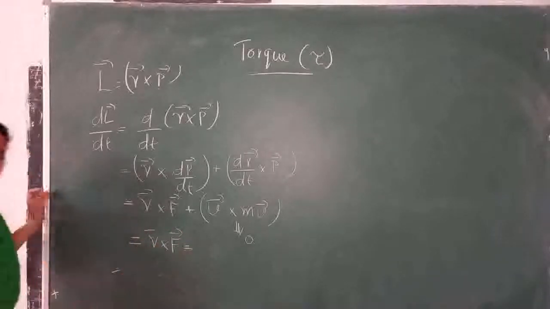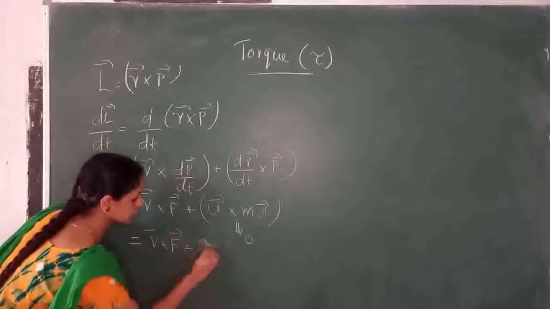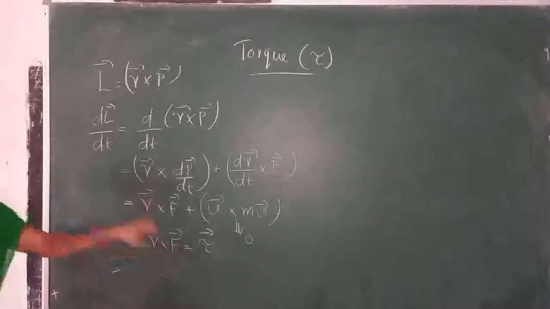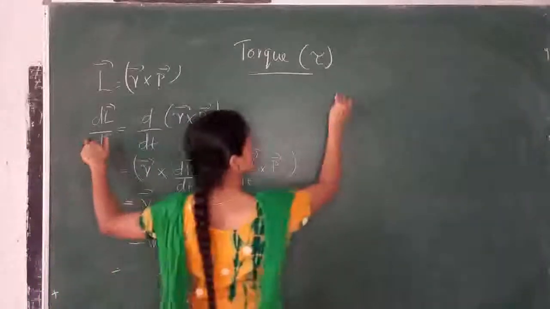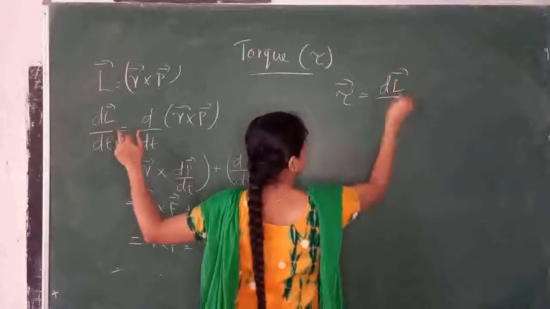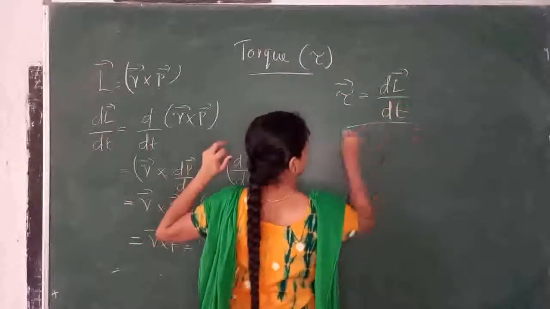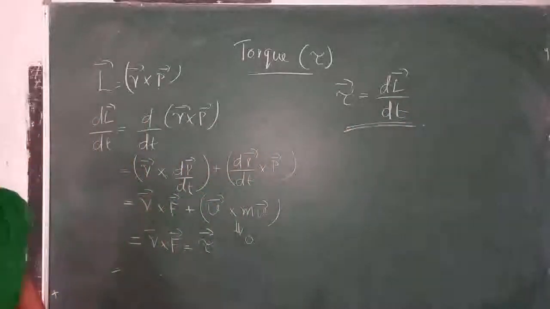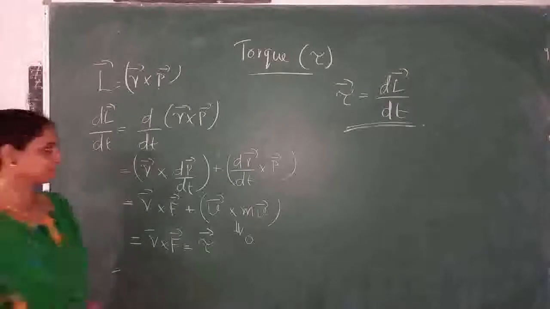What is R cross F? R cross F is nothing but torque. So torque can be represented as the rate of change of angular momentum.